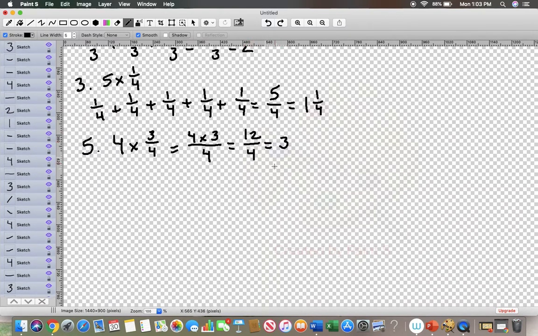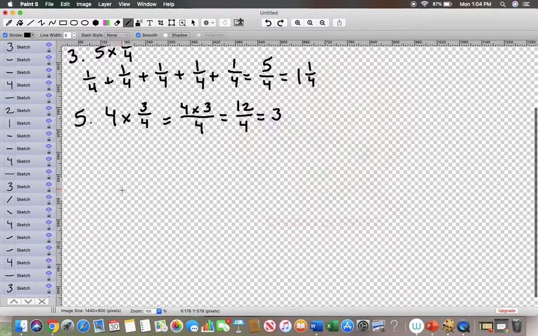Oh, I can simplify that down to 3, which is what the directions tell us to do in lowest terms. Maybe you noticed, hey, 4 over 4, I can reduce that. I can cancel that out and just have 3. If you notice that, you're welcome to do that.